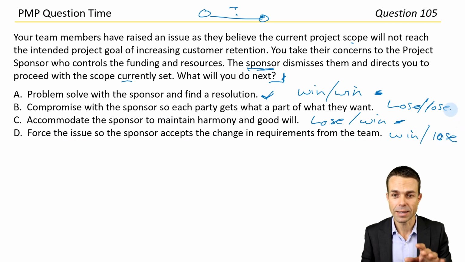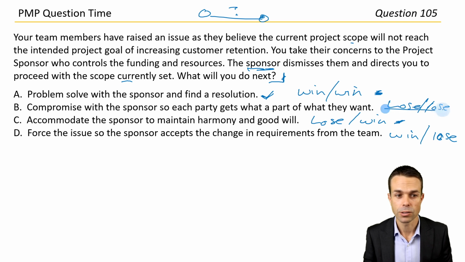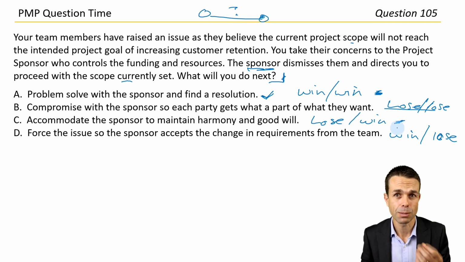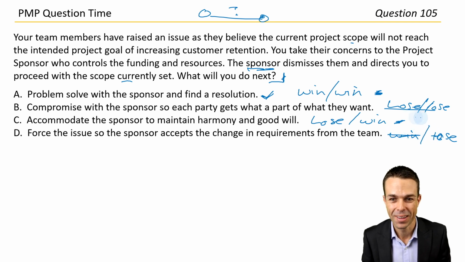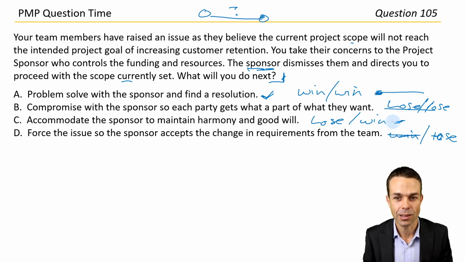So out of all of these, we don't want lose-lose, so we can get rid of B. We don't want win-lose. We don't really want to make our sponsor lose while we win. That's probably going to be bad for our careers. So let's put a no for that one. Between win-win and lose-win, both of those are good.